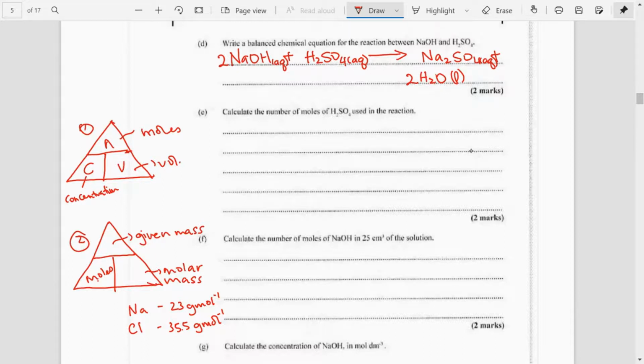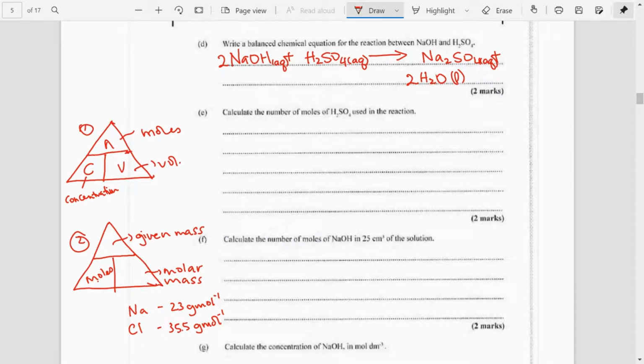So to find one, I tell my students to use their thumb and cover up the one that they're trying to find. So if you're trying to find given mass, you cover that up in the triangle, and that will show you that to find given mass, you multiply moles by your molar mass, right?